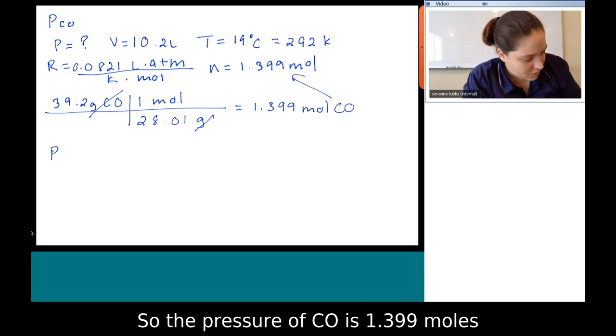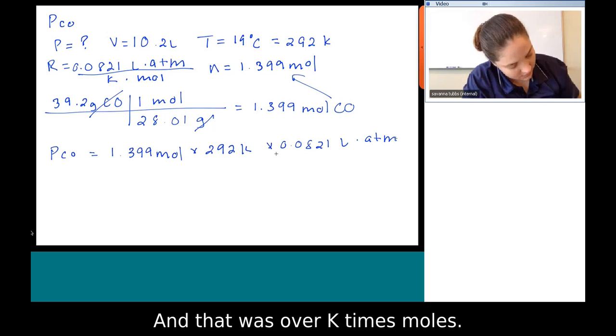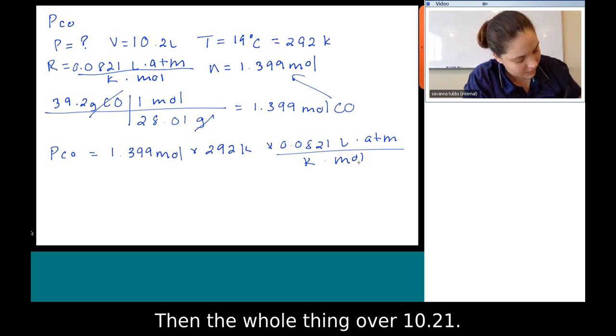So the pressure of CO is 1.399 moles times 292 Kelvin times 0.0821 liters times ATM over K times moles, and this whole thing over 10.2 liters.